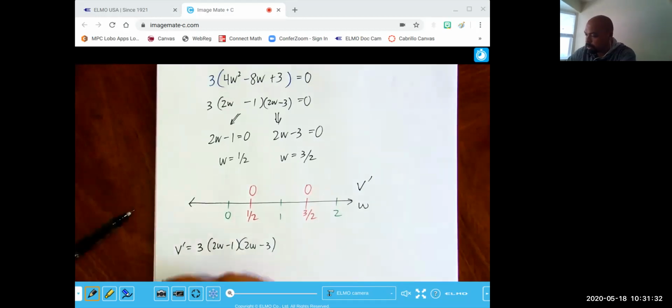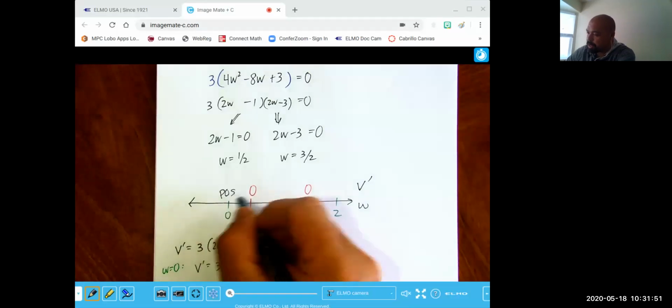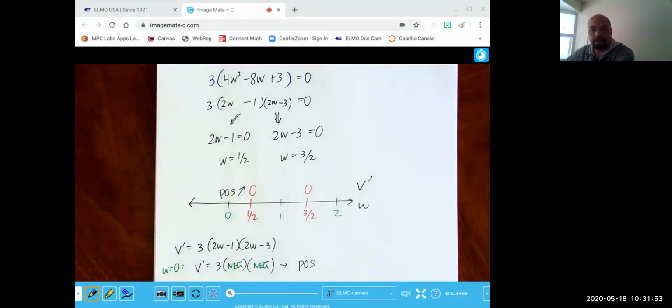So with w equals 0, plugging that in, 0 minus 1, negative, 0 minus 3, negative, negative times negative, we're going to get positive. Right, so we're increasing here.